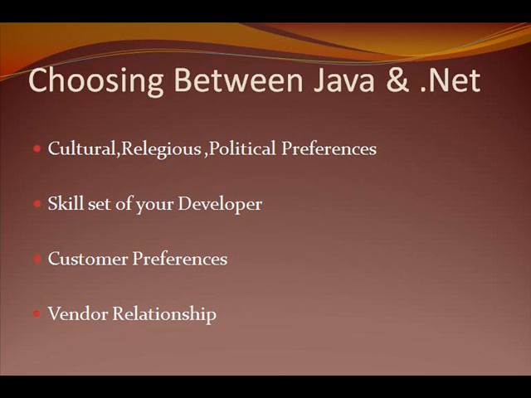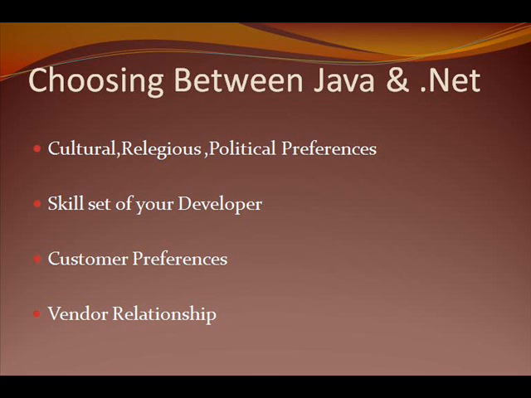Customer preferences, as I already hinted, because the customer has Linux machines and Unix machines, so we are not thinking about developing the application in .NET. We think about developing the application in Java. And sometimes the customer preference is the other way: the customer wants the application to be developed in the shortest time.